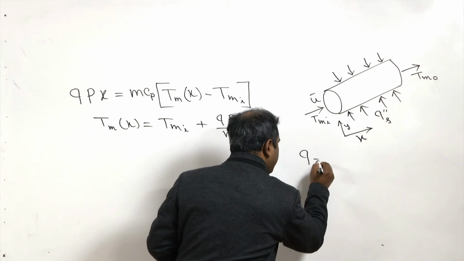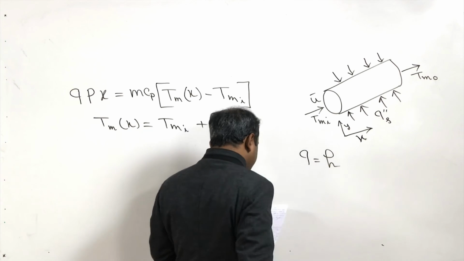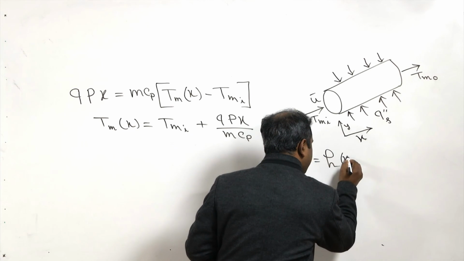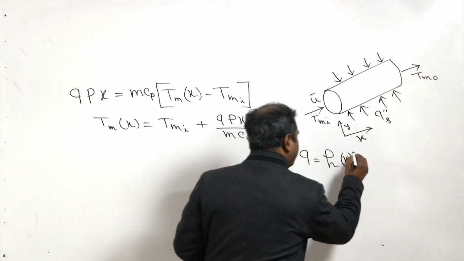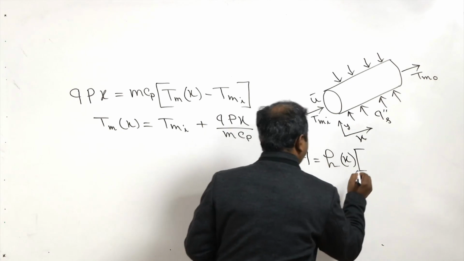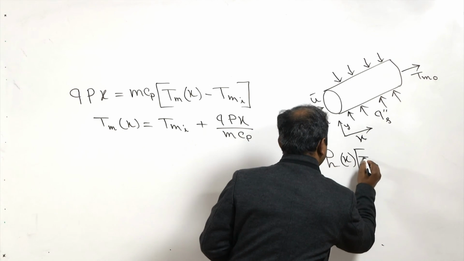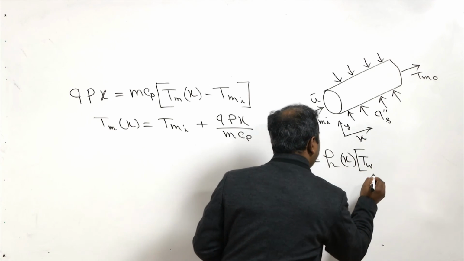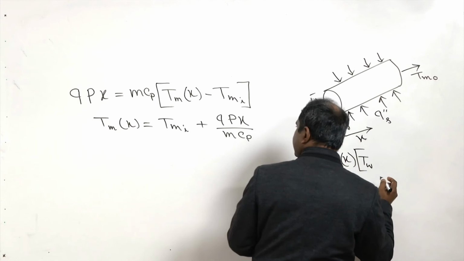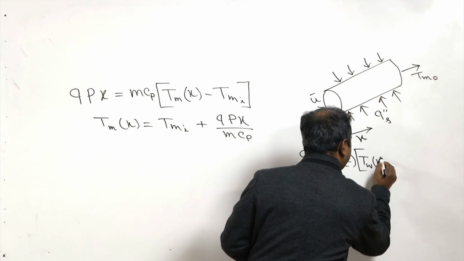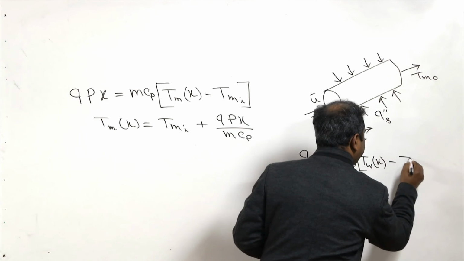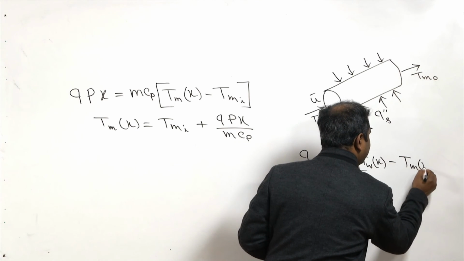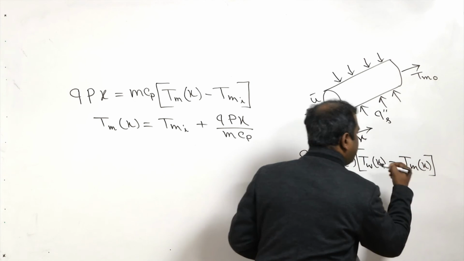So, Q will be the heat transfer coefficient H, and let us say this H is obviously a function of x. So, let me write down Hx multiplied by the wall temperature, Twx, which will be also a function of x, Twx minus Tmx, because heat is being transferred from the wall to the fluid.